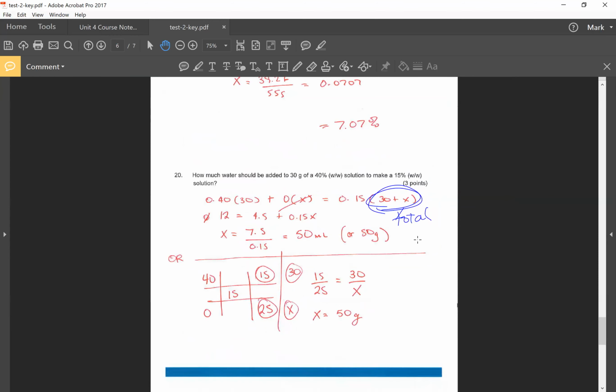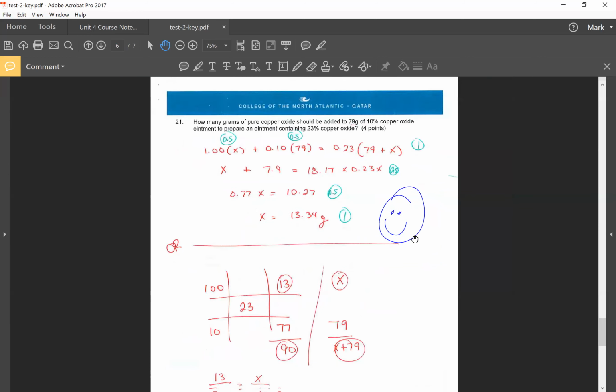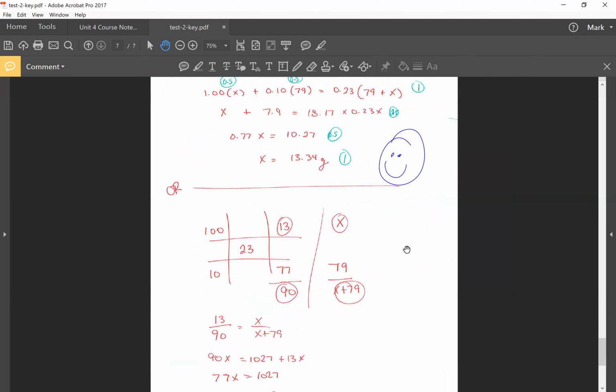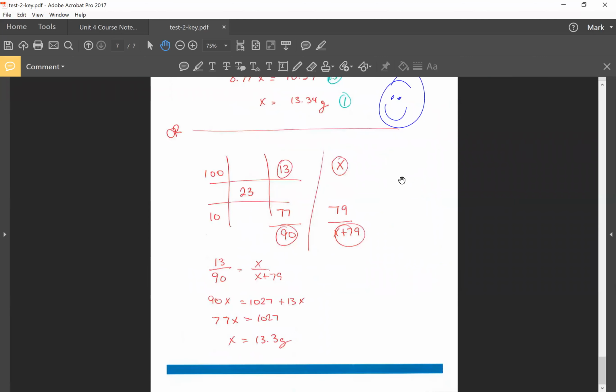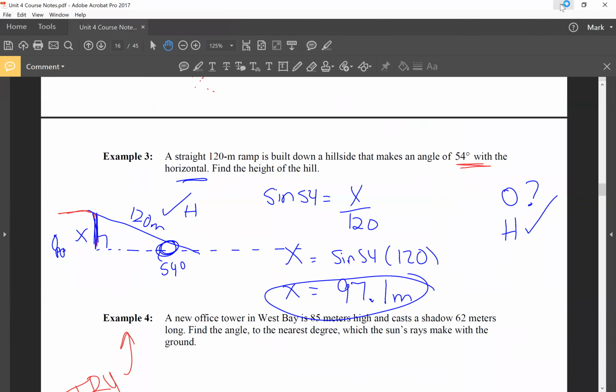It's just that instead of water, like in 20, we're adding a pure compound in 21. And strangely, people did a lot better on 21, but still, it was good. I was pretty happy with the results of the exam, I must say. I knew they wouldn't be as high as test number 1, but it was still done pretty well.